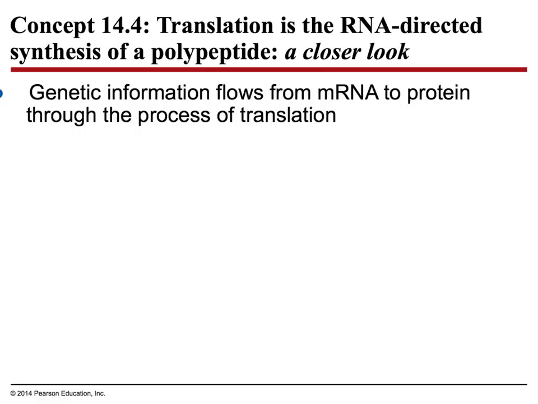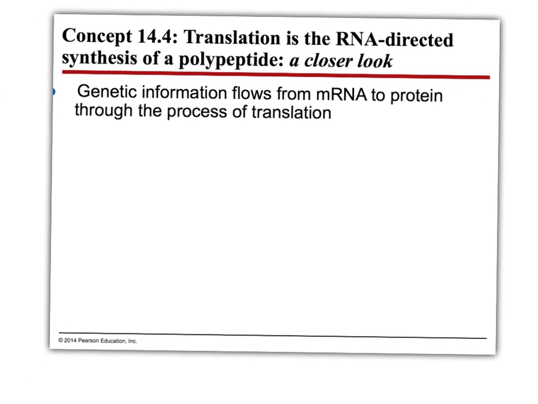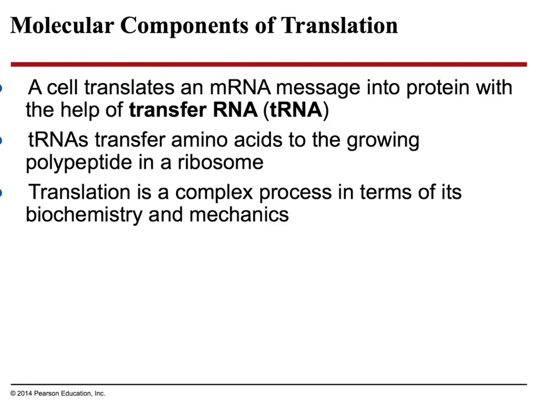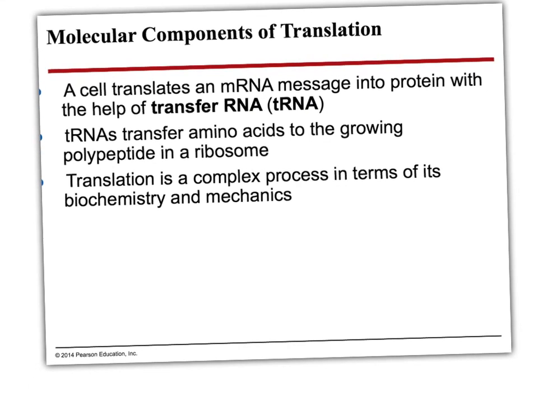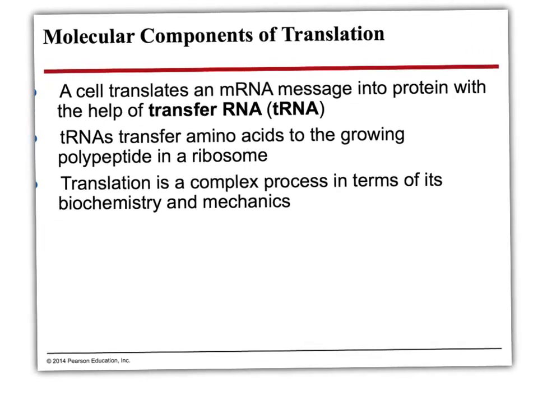Now we're going to take the code that's been transcribed in RNA, read it in 3 base pair letters, and get our sequence of amino acids together. So this is the flow of information from mRNA to protein. We're going to need a ribosome. We're going to need the mRNA. And we're also going to need something that's going to carry the amino acids into the ribosome.